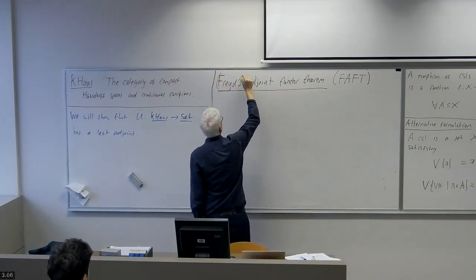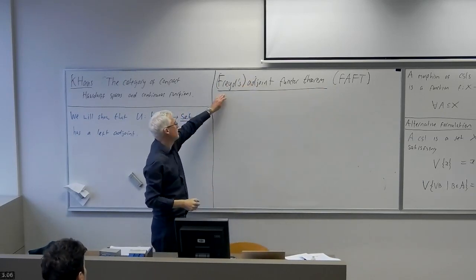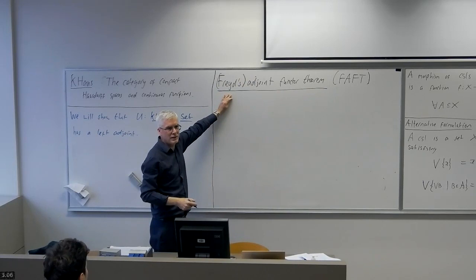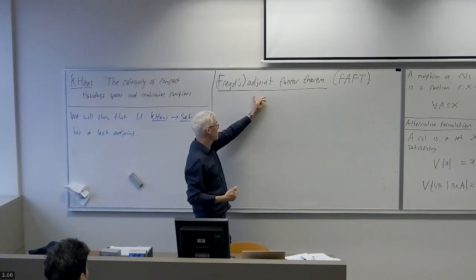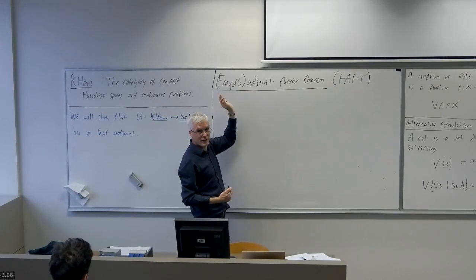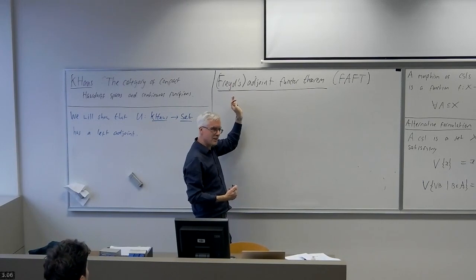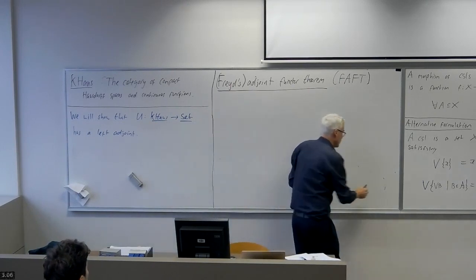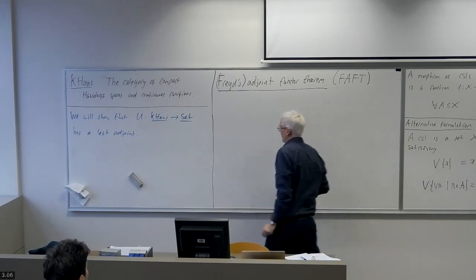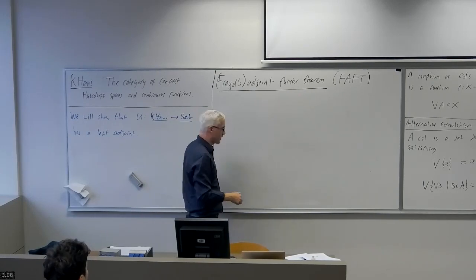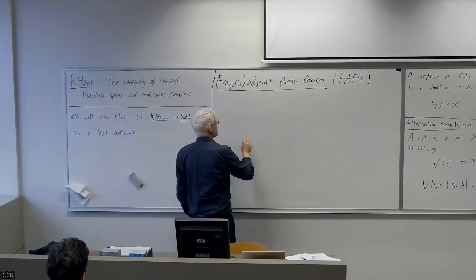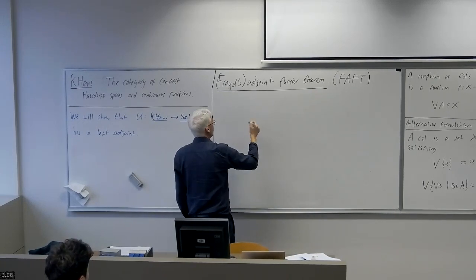It's due to Peter Freyd, and sometimes people just call it the adjoint functor theorem. There are several adjoint functor theorems, but this is the most famous. Most of them are due to Freyd, so the name doesn't really distinguish between them. There are some references in the notes, so I recommend you look up category theoretic books and read about adjoint functor theorems. We're just going to use one, and that's the following.